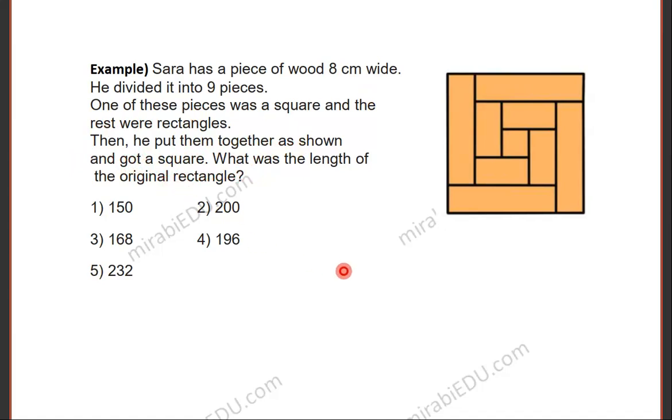So it was originally a rectangle like this. So the width was 8, the length is unknown. For example, let me take it as x. The length is unknown, and we want the length of this rectangle. But the area of this is equal to the area of this.